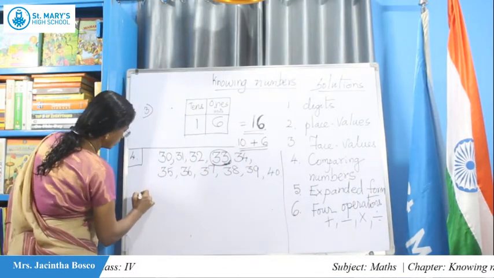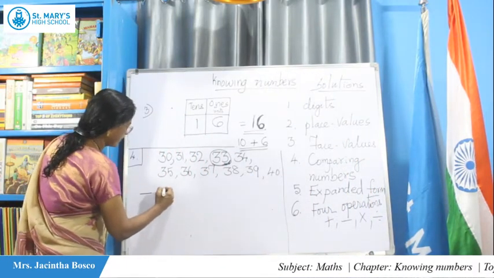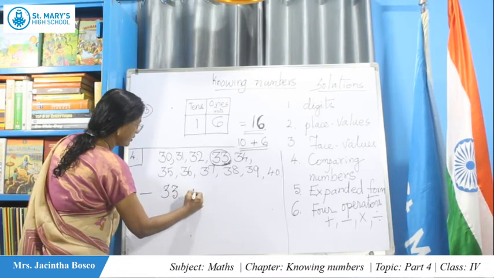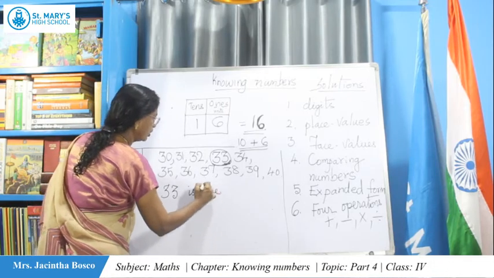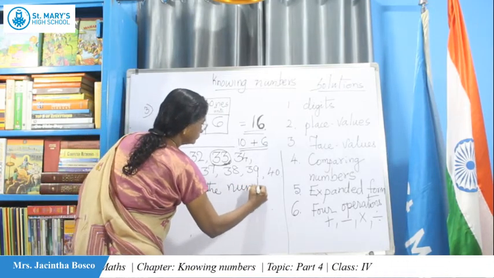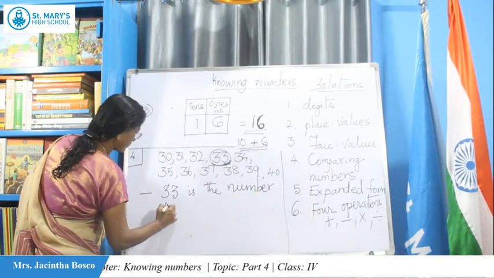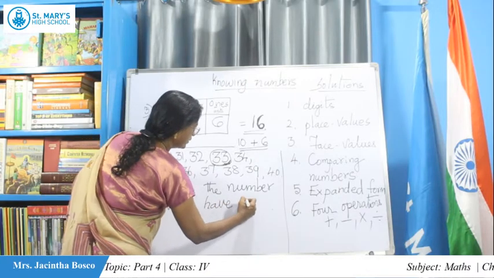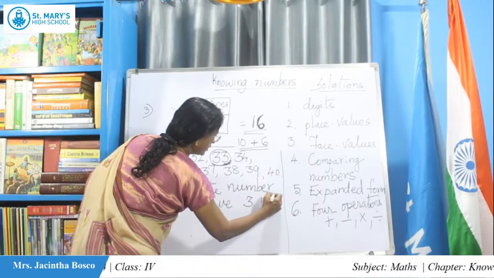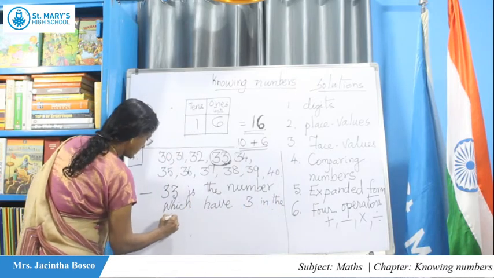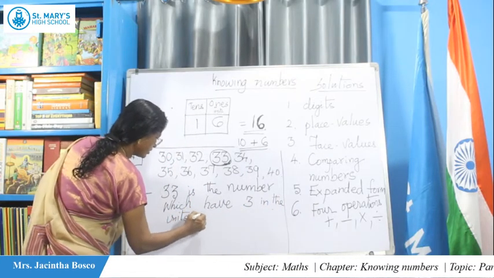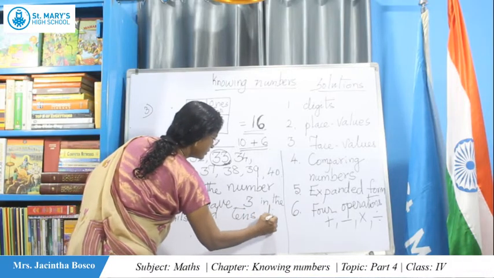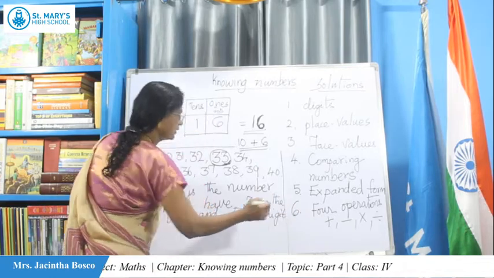So what will you write? 33 is the number which has 3 in the units and tens digit. Units and tens digit. That's all the answer.